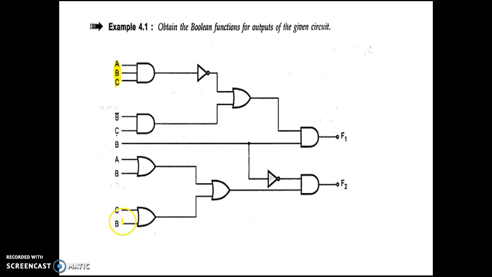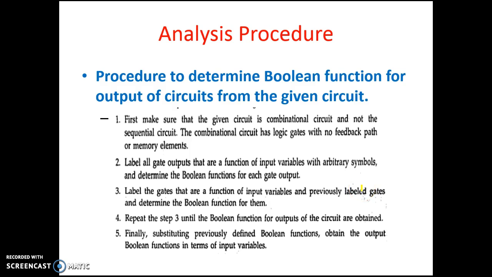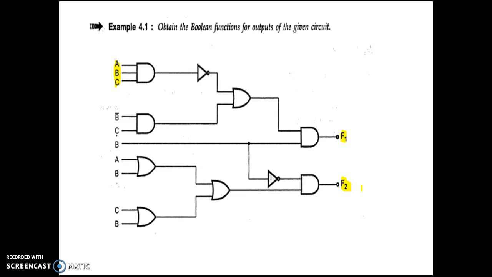We use basic gates like AND, NOT, OR, and these are the two functions that we obtain as output of the combinational circuit. The first step is to make sure that the given circuit is a combinational circuit. So here we can conclude that this circuit is a combinational circuit because we don't find any feedback path or memory device.